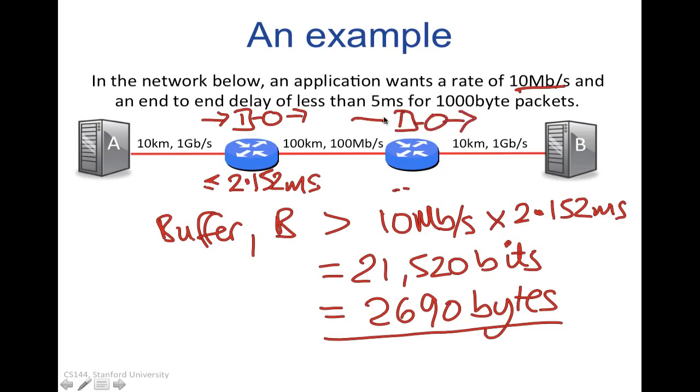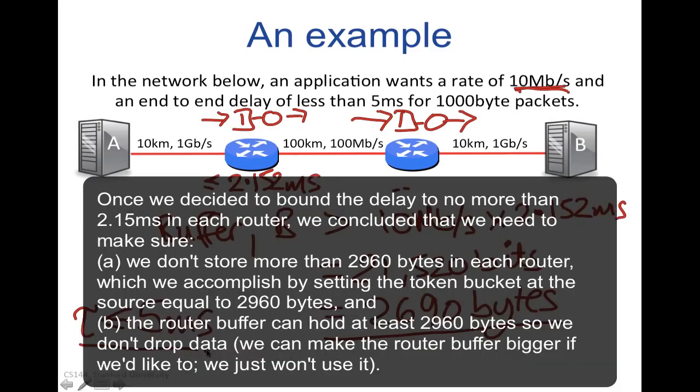I know I need to do that in order for the system to meet this 10 megabit per second requirement. And I will assign a buffer at each of those routers to be at least 2,690 bytes at each of those along the path. Then, if I add up all of the delays, my overall end-to-end delay will be less than or equal to 5 milliseconds, which is what I was trying to achieve.